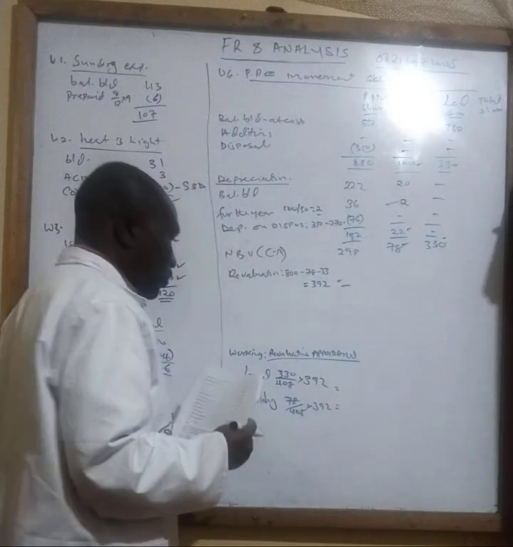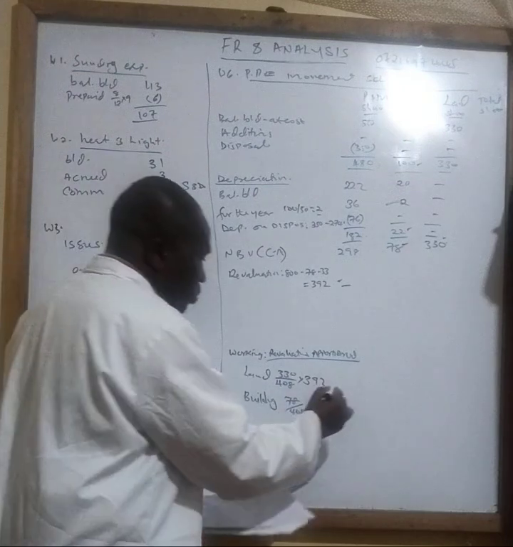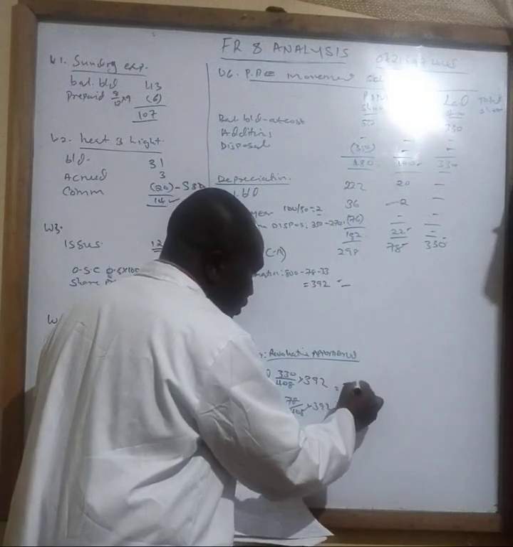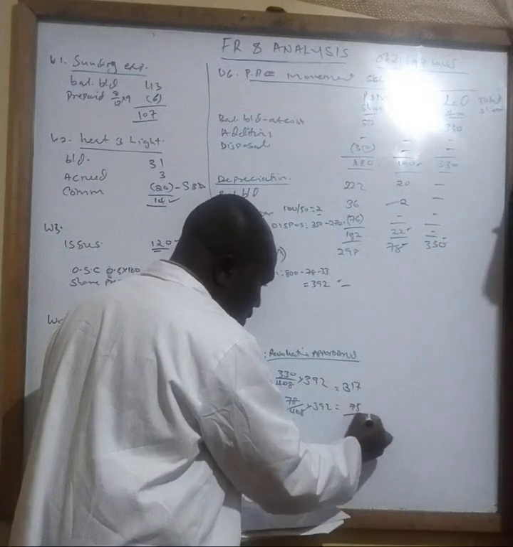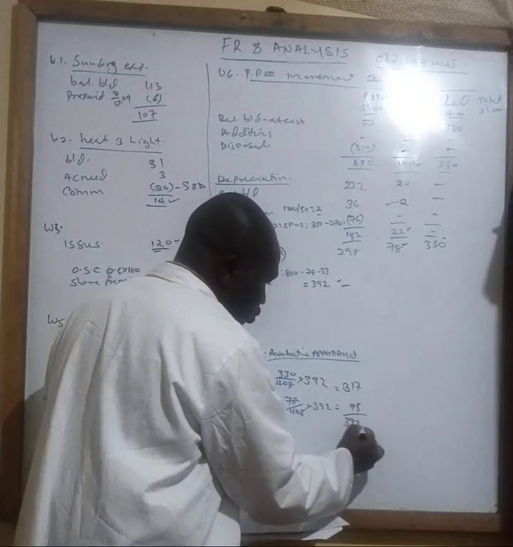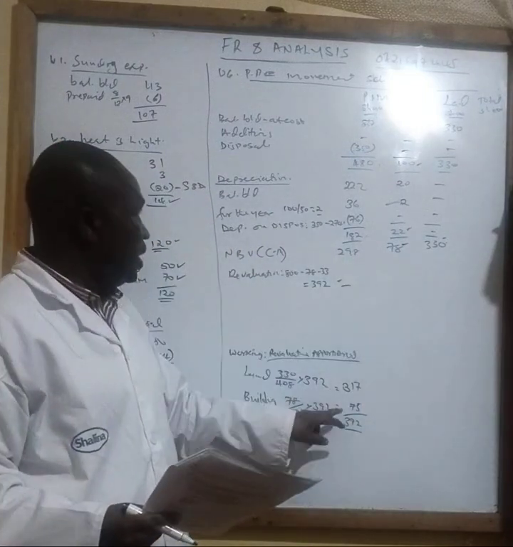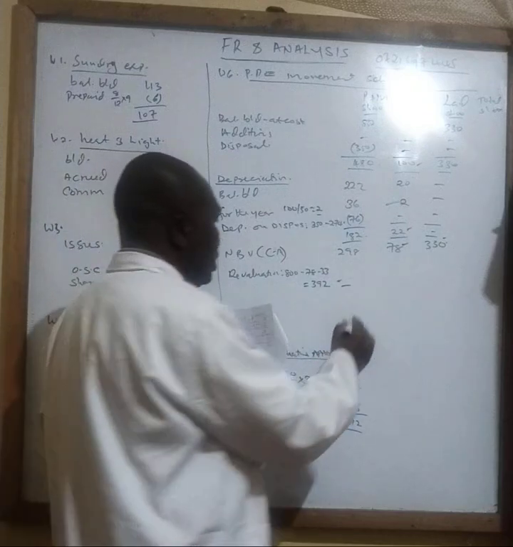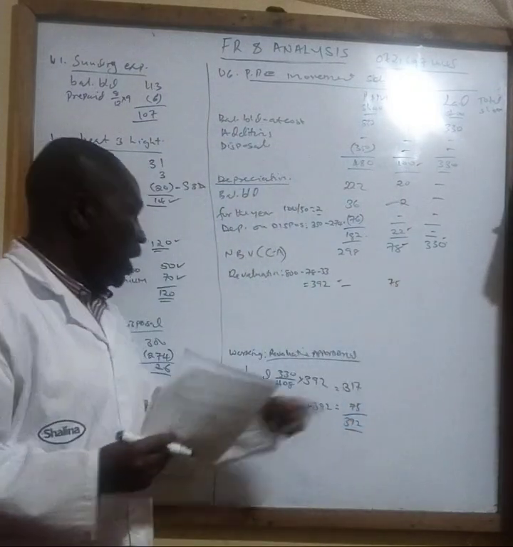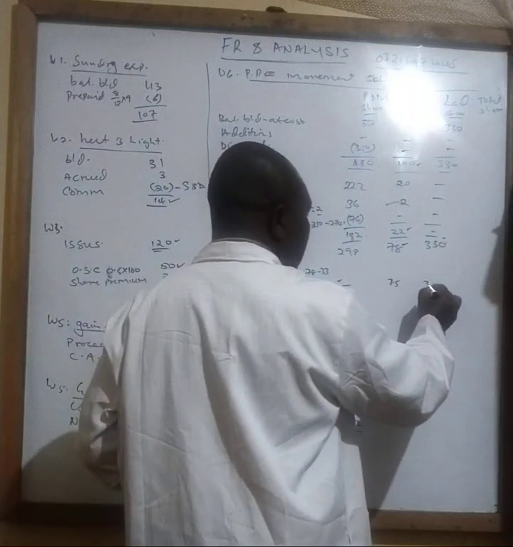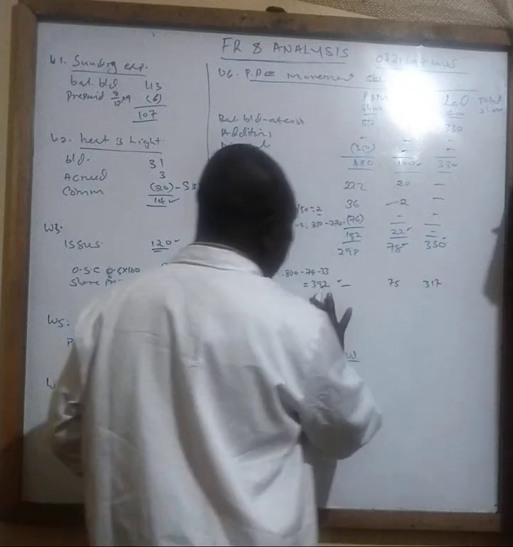So if you work it carefully, for this one you round off, it will give you 317. This one has to give you 75. So that when you add, you get 392. So therefore it means that revaluation for the building will be 75 here. And revaluation for land is 317. Correct? So that when you add this plus this, it will give you this.